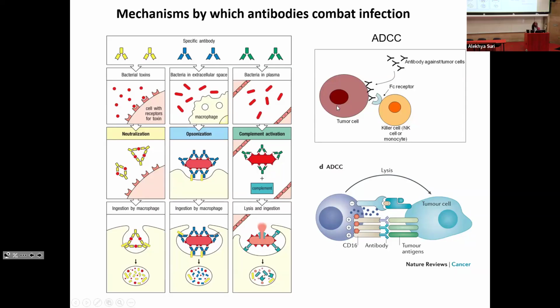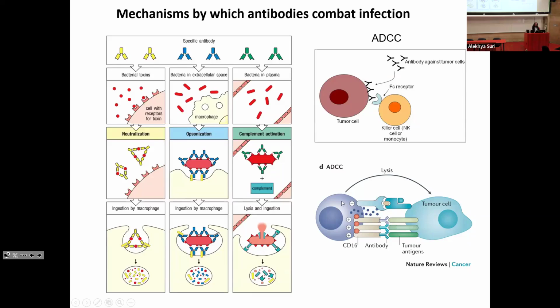Another mechanism by which antibodies can help, particularly against tumor cells or a virally infected target cell, is, as I said earlier, the NK cells, right? But the NK cell functions can be enhanced through what's called ADCC, or antibody-dependent cellular cytotoxicity, where the CD16 on the NK cells can bind to the antibodies, and this antibody can now form a bridge and recognize through its Fab portion the antigens on the tumor cells.